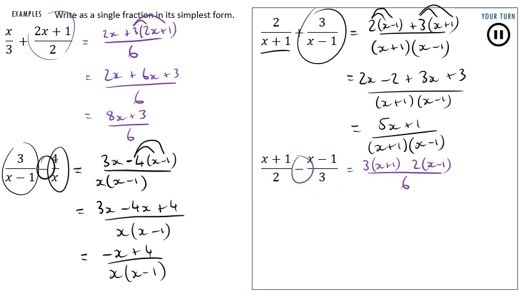And remember here we're taking away, so we're going to have to be careful of the negative. We expand our brackets, 3 times x, 3 times 1. Then we've got minus 2 times x, minus 2 times minus 1. Tidying up. And that's the simplest form we can put this in.